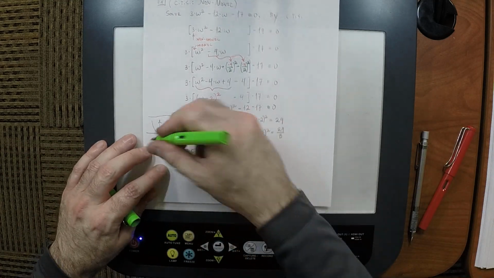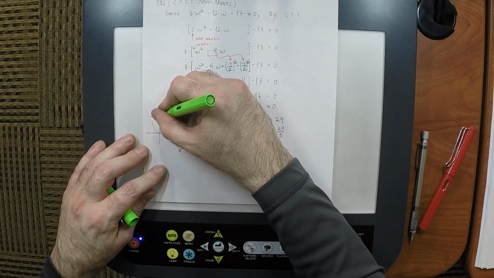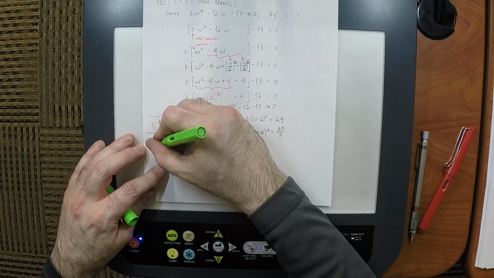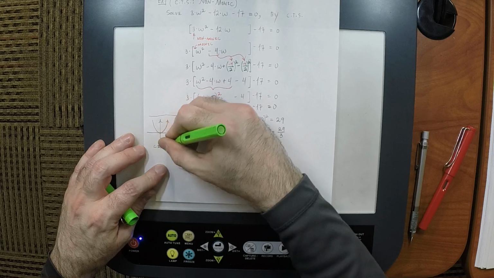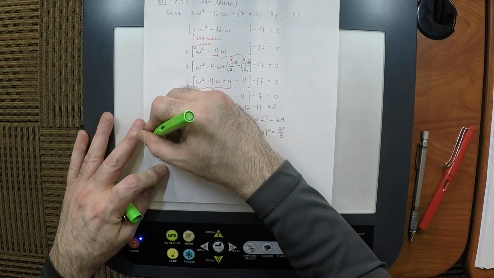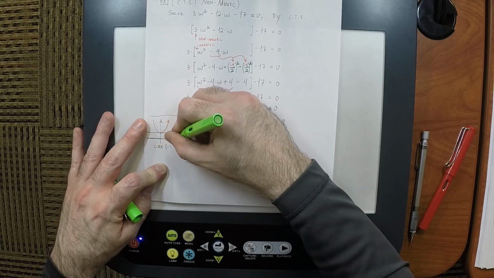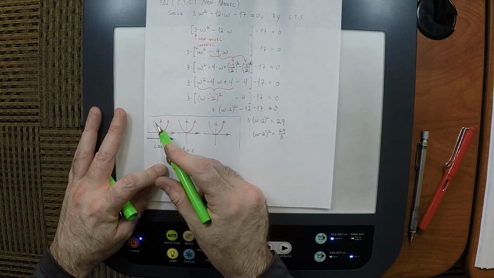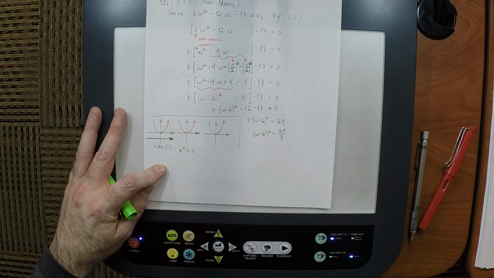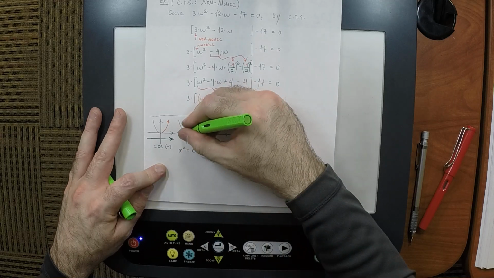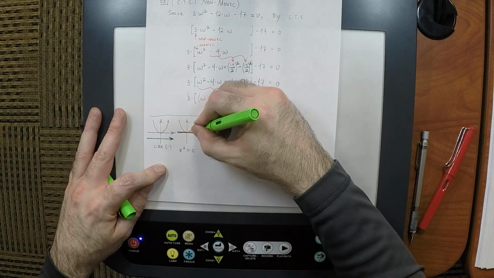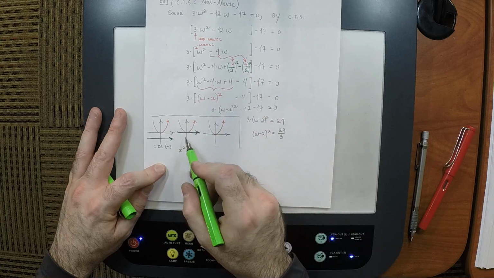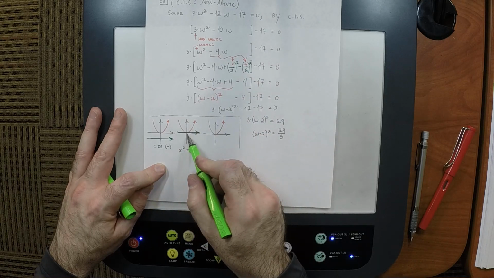So if c is negative, then we'll have this horizontal line down here. And notice that the parabola and the horizontal line don't intersect. If c is 0, we'll have this horizontal line right on top of the x-axis, and these intersect exactly once.